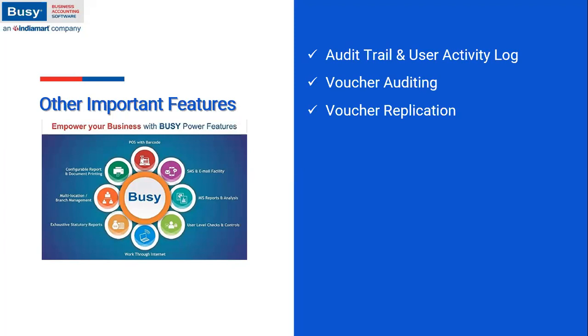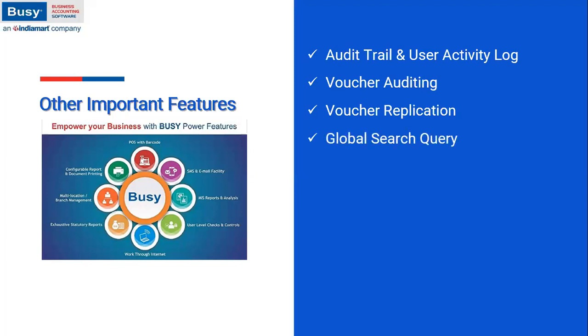As you know, the office rent transaction amount and all the details are the same for all the months. So when you create the office rent transaction for the April month, you can replicate it in all the months. All the office rent transactions will be created in all the months with a single click. So voucher replication facility is available.